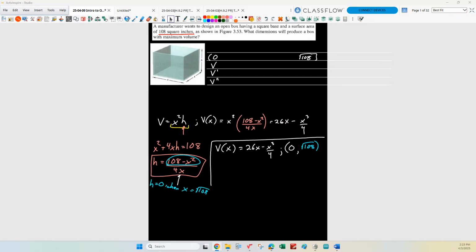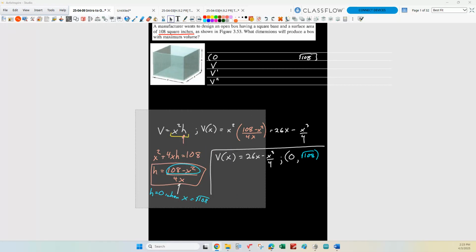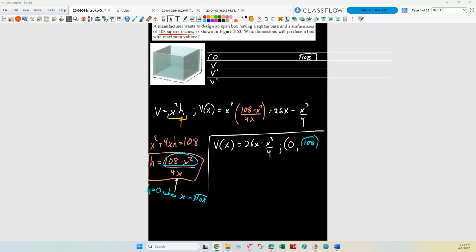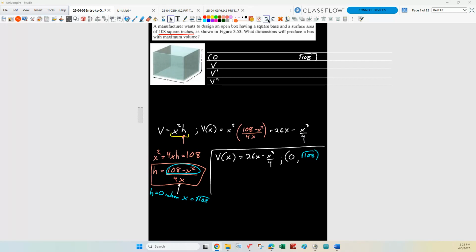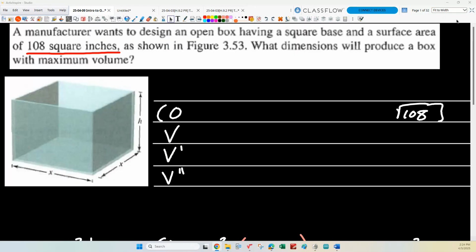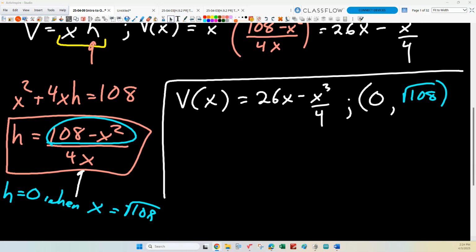Let's get that down a little bit. That's probably enough room right there. Okay, so we've got to differentiate now, right? What's our derivative?